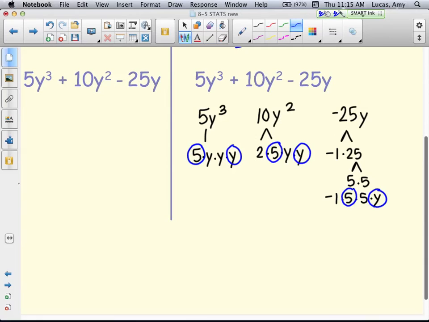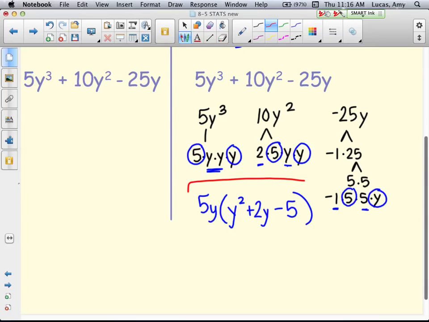That's all we can do. So now 5y is my greatest common factor. And then what's left of each term? y times y, it's y squared. 2 times y, so plus 2y. And negative 1 times 5, negative 5. That's how you factor.